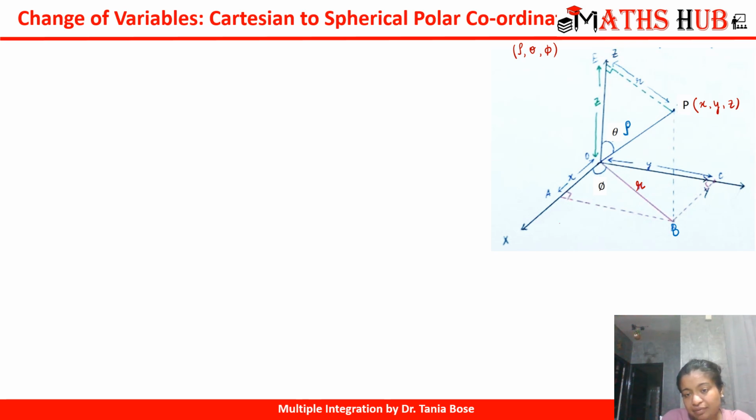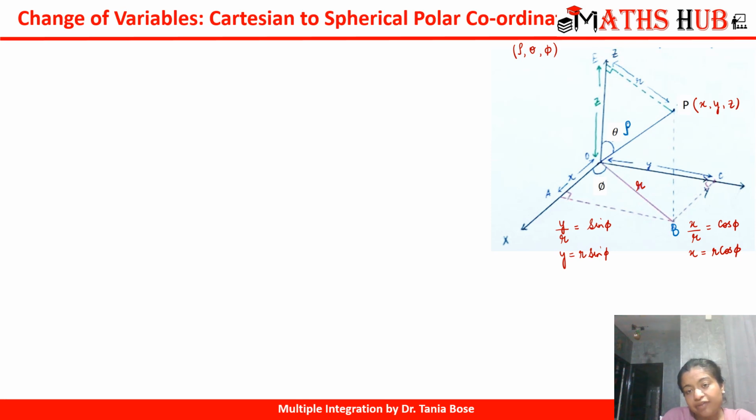We know that perpendicular upon the hypotenuse is equal to sine phi, and this r is making an angle phi with the x-axis, right? So from here we get y is equal to r sine phi. And similarly, we know that base upon hypotenuse is equal to cos phi. So we get x is equal to r cos phi, right? So we get these two values.